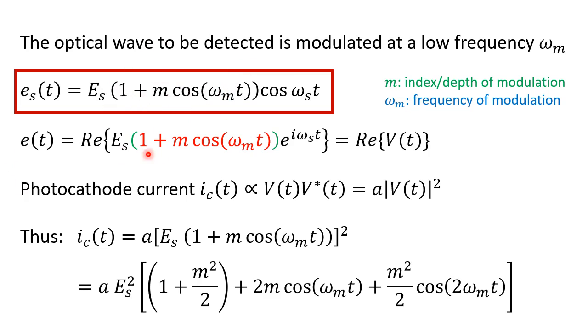Of course the detector measures the mod square of this. So this is my signal at the detector, and the photocathode current is proportional to V times V star. Remember, we are looking at the square law detector. And there is this proportionality constant A, which I can write down as A times Vt square.